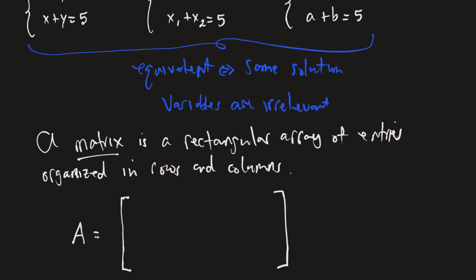Sometimes it might be uppercase and also written in bold. Obviously, I can't write in bold, but in most instances, uppercase. And once you see something like this, you know that you're talking about a matrix. So this is the name. This gives me the rectangular structure. Now, what about the entries?